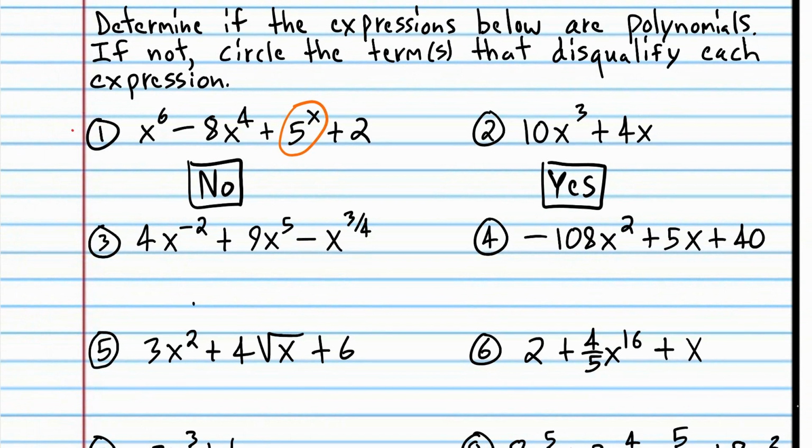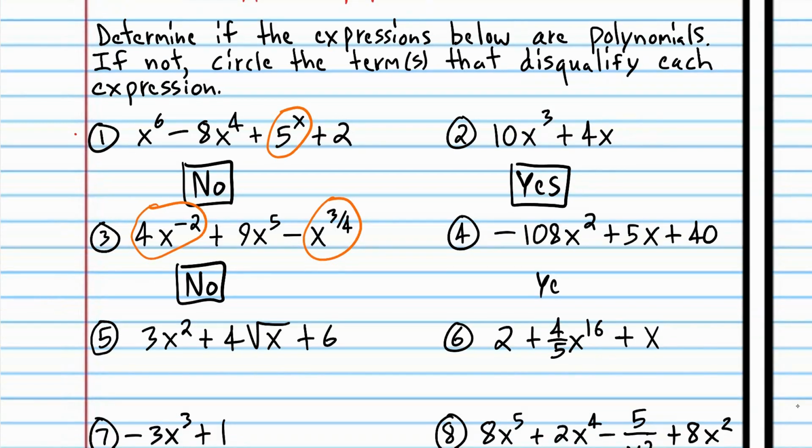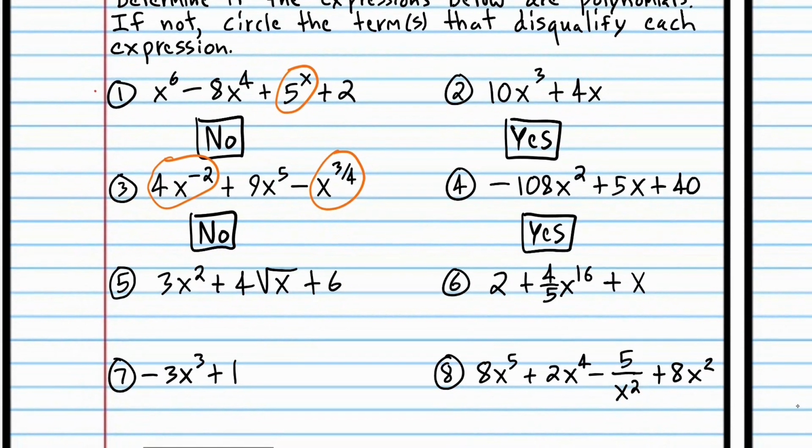Number 3, the answer is no, that is not a polynomial. And it's because of this term and this term. You can't have a negative exponent at the left, and you can't have a fraction exponent at the right. Number 4 is a polynomial. Number 5 is not a polynomial because we have a square root of a variable.